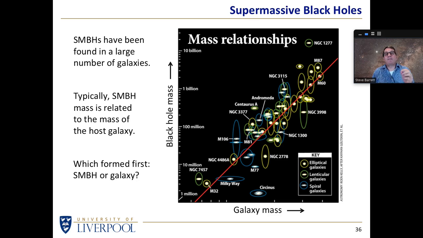The best way of finding out is to look back in time to the very early universe, to the first fraction of a billion years of the universe's existence, and start to see whether or not we can see galaxies evolving the way we would expect them, based on black holes forming early or perhaps black holes forming late. We need more simulations, and we need more observations that go back more than 13 billion years so that we can see.